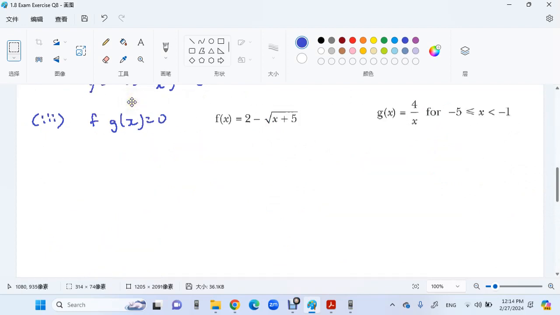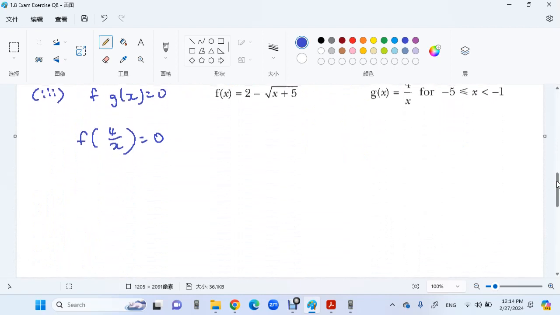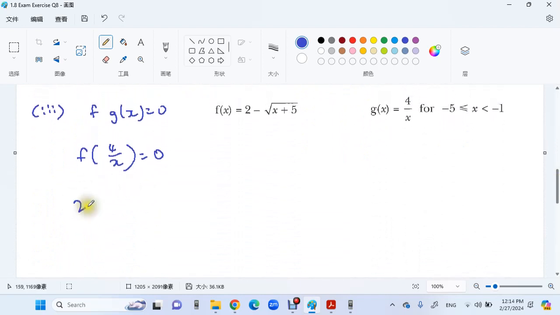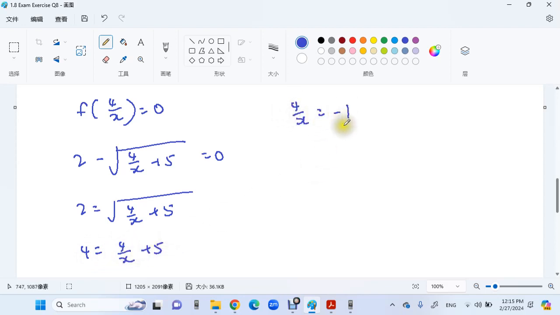So this will be f(4 over x) equal to 0. Then it will be 2 minus square root of 4 over x plus 5 equal to 0. Then we have 2 equal to square root of 4 over x plus 5. Then 4 equal to 4 over x plus 5. Then 4 over x equal to negative 1. x equal to negative 4. Okay, so this is the answer.